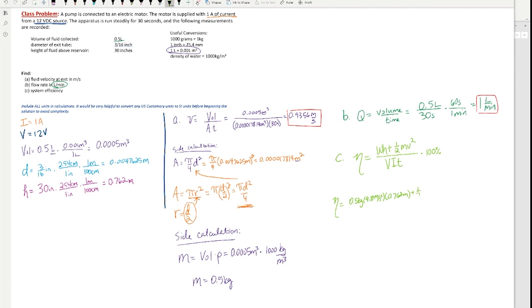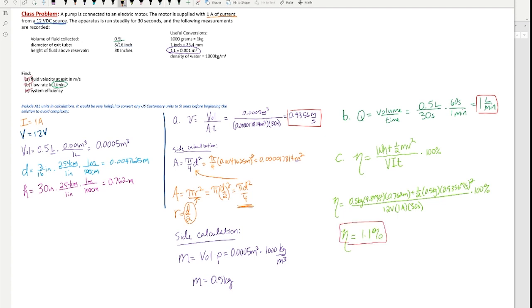And I'm going to add that to my kinetic energy, which is 1/2 mass, which is 0.5 kilograms, times velocity, which was found to be 0.9356 meters per second, and that value is going to be squared, divided by my voltage, which is 12 volts, times my current, which is 1 amp, times my time, which is 30 seconds. And we'll multiply this entire quantity by 100%, so that it's written as a percent value. Take the time to practice plugging these values in your calculator, and I get 1.1% efficient.